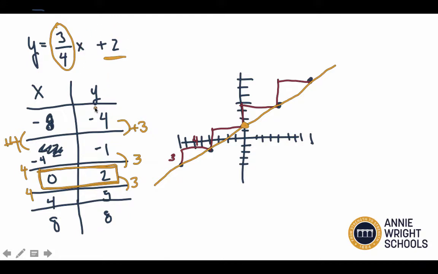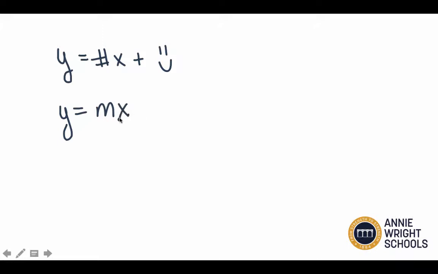So the whole point, everything we've been doing so far in this unit is leading up to this next big idea. And that next big idea is the following. If you have an equation that looks like this, y equals some number times x plus some other number, then that number in front of x is actually going to be the slope, and this number out here by itself is the y-intercept.